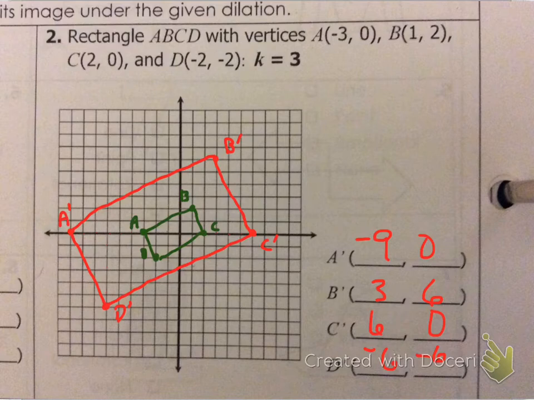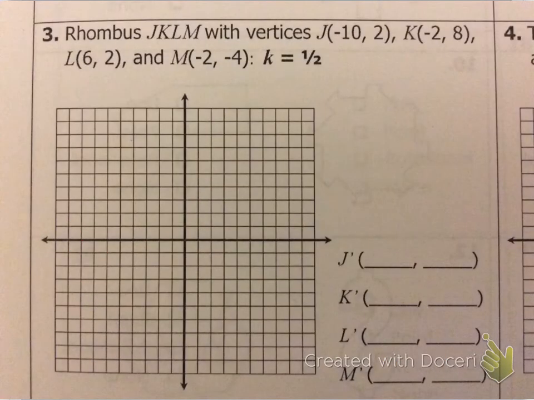So what happens if I have a fraction? Oh no, not fractions. Fractions again are just multiplying by a fraction, but keep in mind that you're multiplying by the top number and dividing by the bottom.